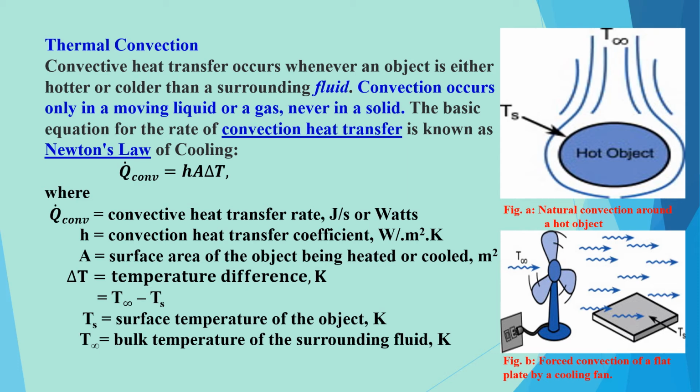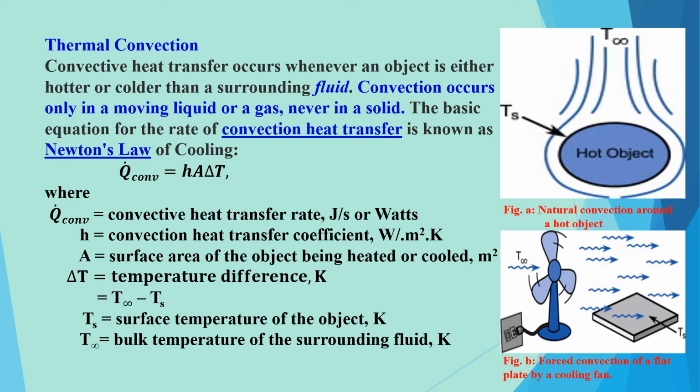The basic equation for the rate of convection heat transfer is known as Newton's law of cooling, which is given by this equation: Q dot convection equals h times A times delta T, where Q dot convection is the convective heat transfer rate in joules per second or watts. h is the convection heat transfer coefficient in watts per meter squared per Kelvin. A is the surface area of the object being heated or cooled in meters squared. Delta T is the temperature difference in Kelvin.